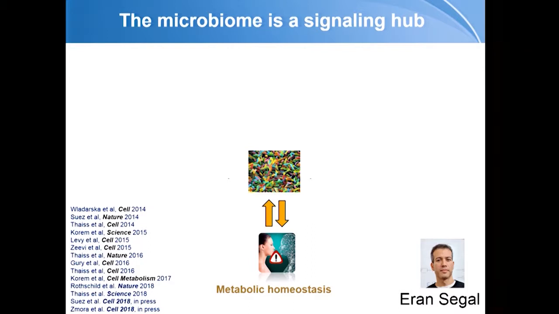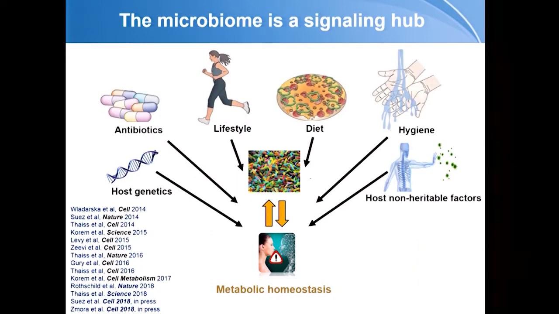And we see our mission in life as trying to decipher the molecular language that dictates the crosstalk between us and our microbiome. And I think what's really interesting about it is that this crosstalk is regulated by a number of environmental and host-related factors, such as the examples depicted in this cartoon, which kind of makes the microbiome a hub for all of these signals that can explain their impact on the human host.